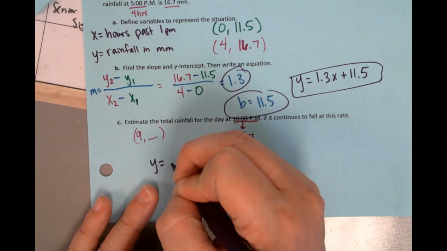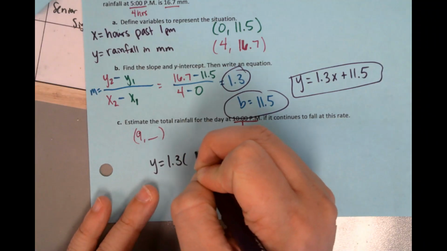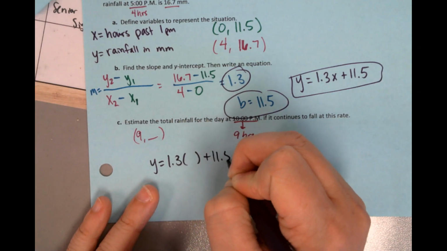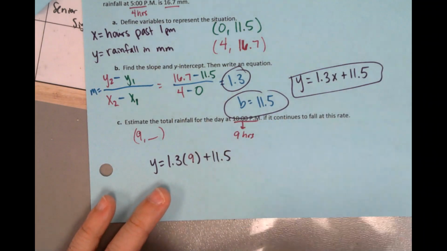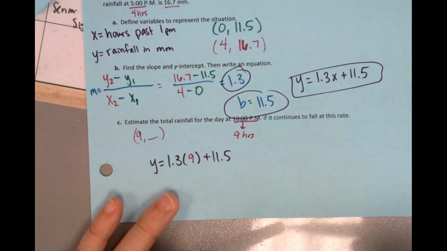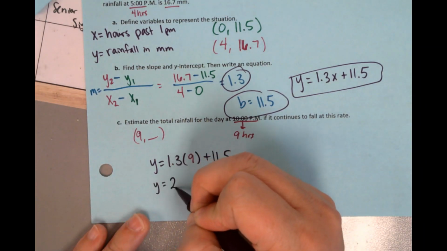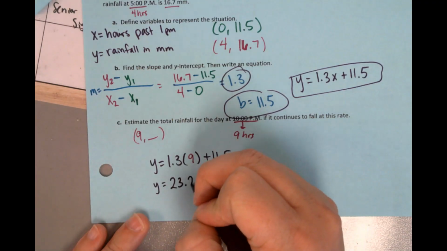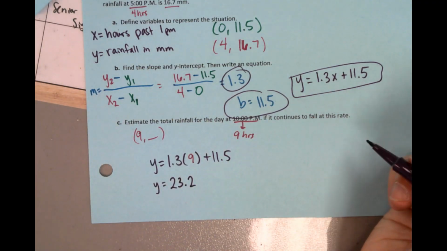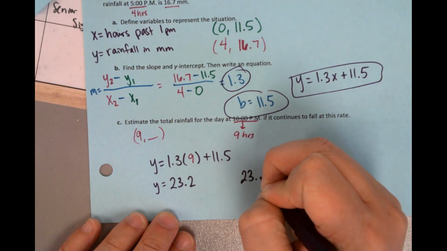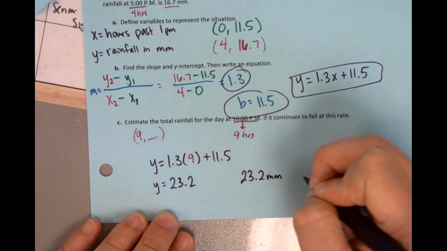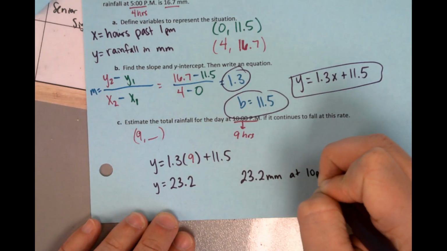So y equals 1.3x plus 11.5. Then when you put this in your calculator, you get 23.2, which means if we are estimating the total rainfall, we would say 23.2 millimeters at 10 p.m.